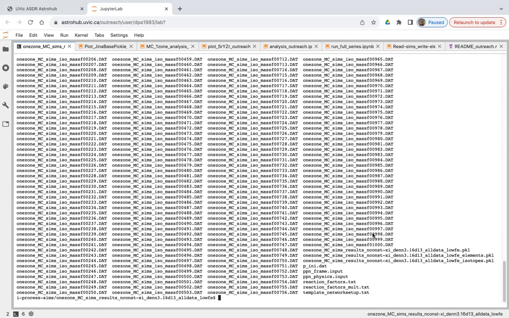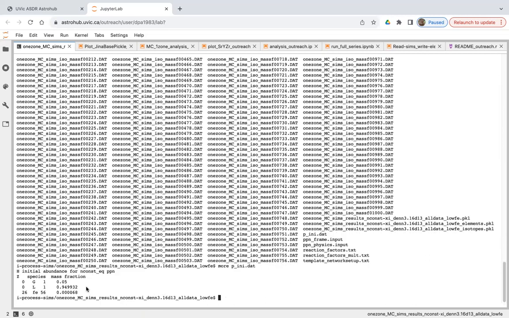Okay, and this file p_ini.dat just reminds what initial chemical composition was used. If I show its content, you can see here there are three abundances, but let's just have a look at the iron abundance.